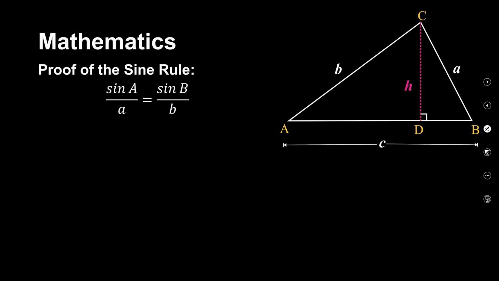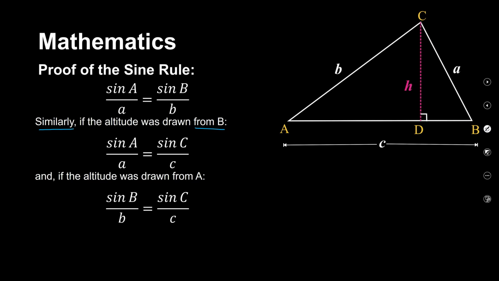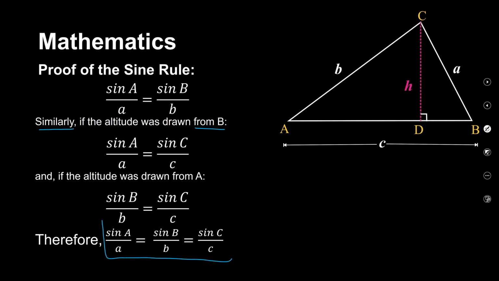Right, so how do we prove the other versions of it? We can just draw a different altitude, so we can just use the word similarly, and say similarly, if we do an altitude from B, we can do the exact same proof, and we can prove that sine A over A is equal to sine C over C. And if we drew the altitude from A, we can prove that sine B over B is equal to sine C over C. So basically what we've just done is we've proved the entire sine rule.